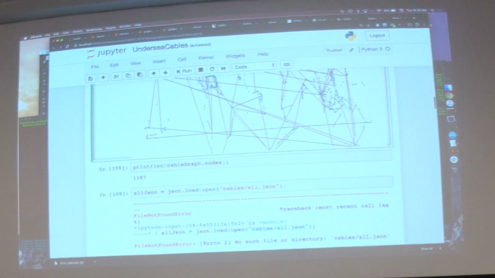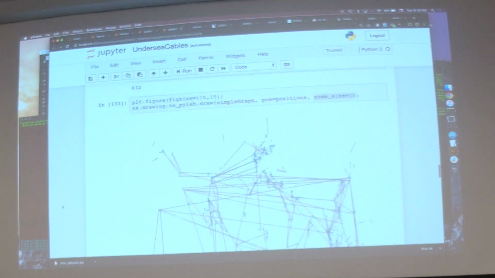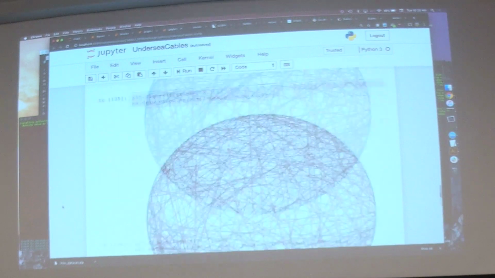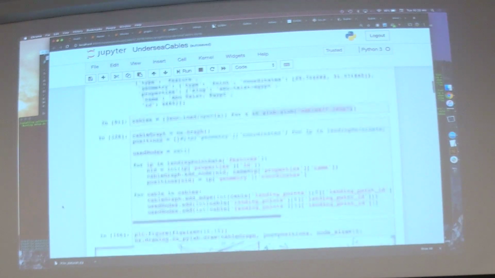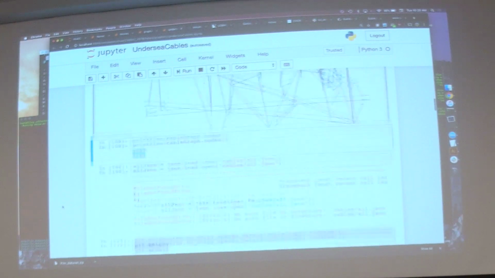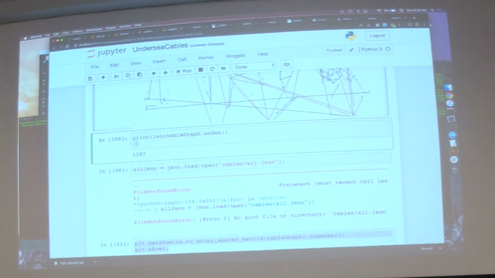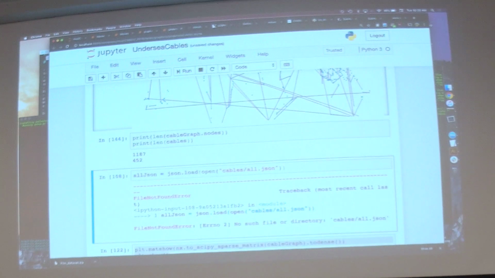I thought, okay, well maybe they just have extra landing points. So I was interested, okay, how many nodes do we have? We have 1,100 nodes, and where I have it in here, there's something like 450 cables. So there's 450 cables, 1,000 nodes.